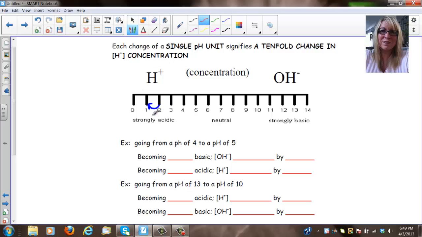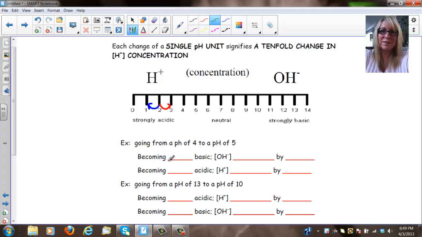If I go from a pH of 2 to a pH of 3, this is a 10-fold decrease, or the hydrogen ion concentration is 1/10 of what it was at a pH of 2.